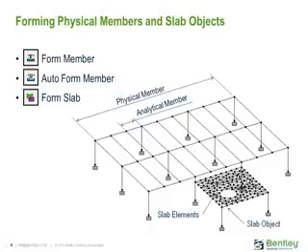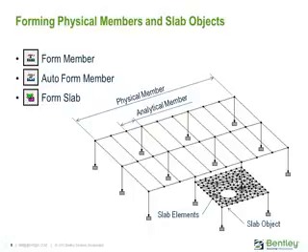In the actual structure, however, the girders are single members spanning between columns, and those are referred to as physical members. Staadpro does provide for the grouping of individual analytical members into physical members using a special member group called P-member.